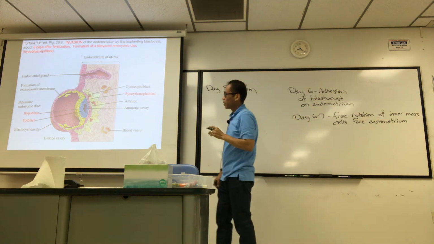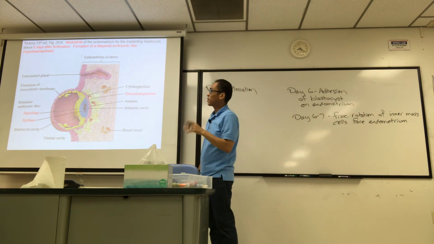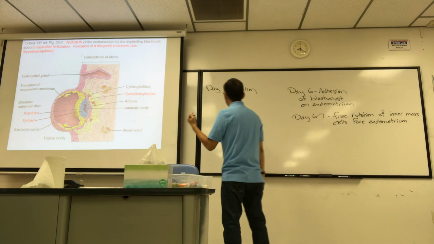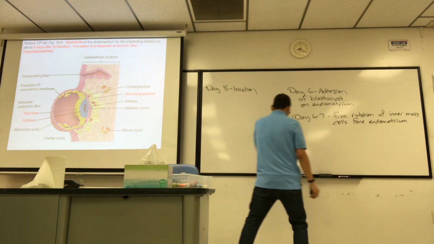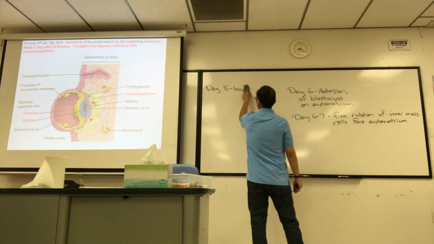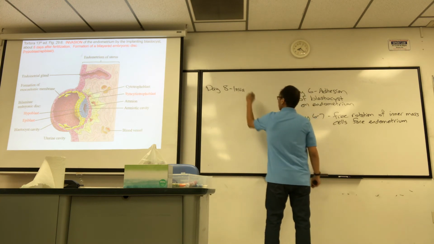Things to note. The trophoblast differentiates into two parts. Invasion, I spelled that wrong. Invasion.